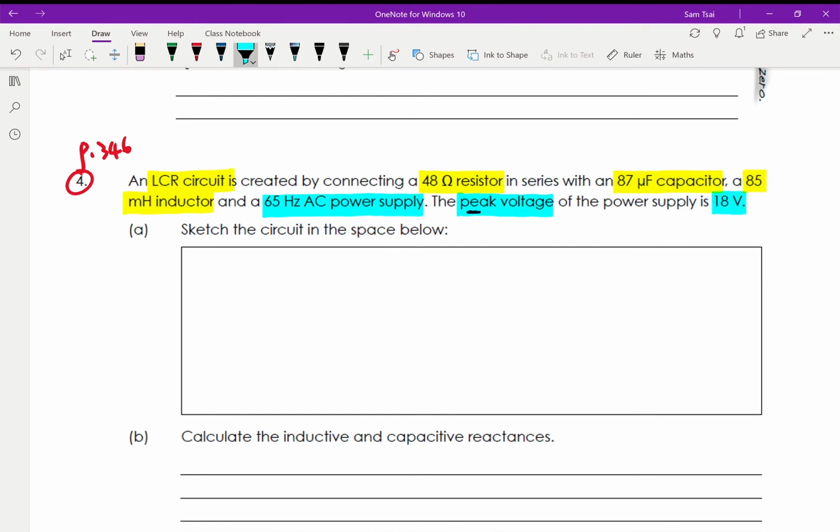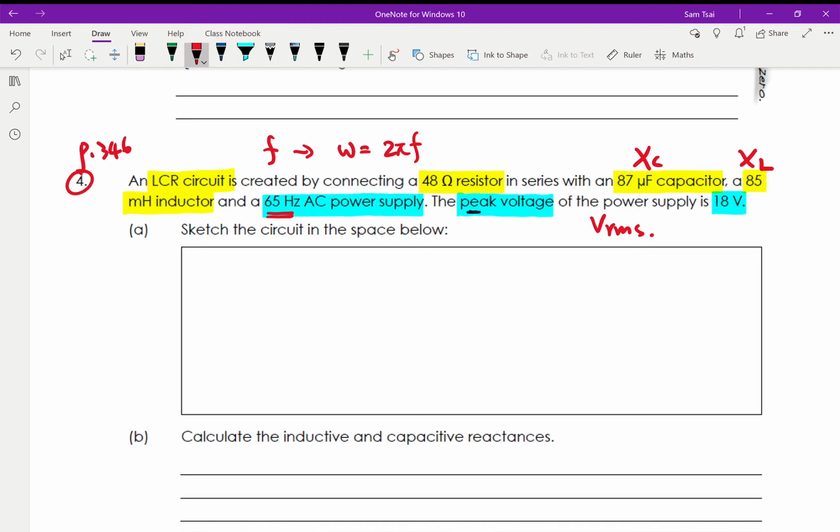After you read the question, we will need to find the reactance XC and the reactance XL. For the peak value, we don't know whether we need the RMS value or not, but you can think about it. Another thing is they give you hertz, so roughly we need to use omega, the angular frequency, depending on the question.